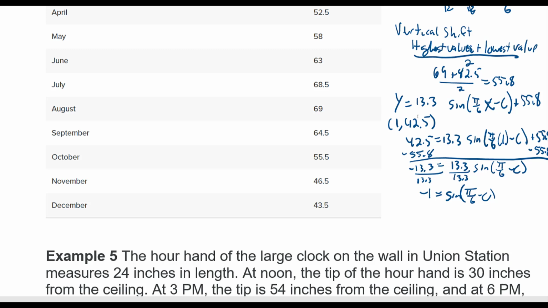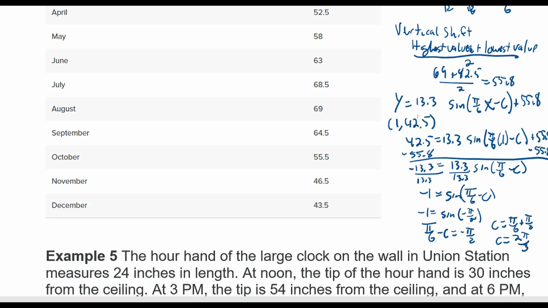So if we say it's negative pi over 2, then we have pi over 6 minus c equals negative pi over 2. So c would be pi over 6 plus pi over 2, where c equals 2 pi over 3.